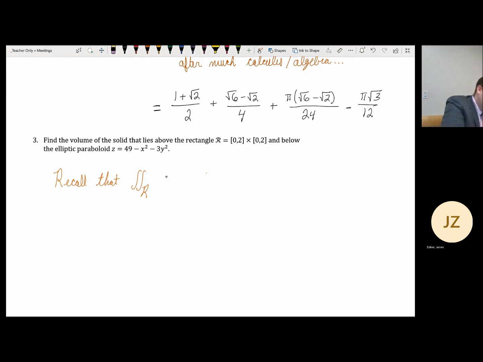Probably should write it this way instead of z. I'll do f of xy. Same thing.